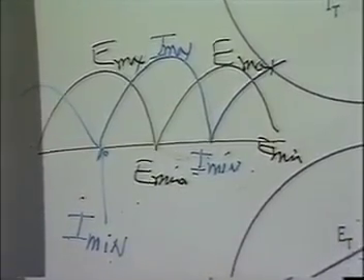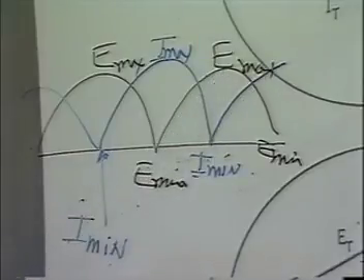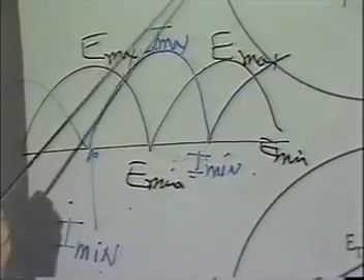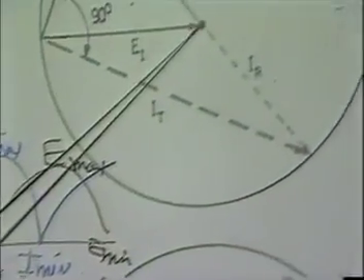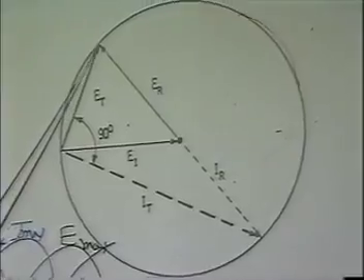We've already established the fact that the voltage and the current are 90 degrees apart, right? Notice something about this chart. If you take the total voltage, which is the resultant of E sub I in this direction, E sub R, here's the total voltage here.